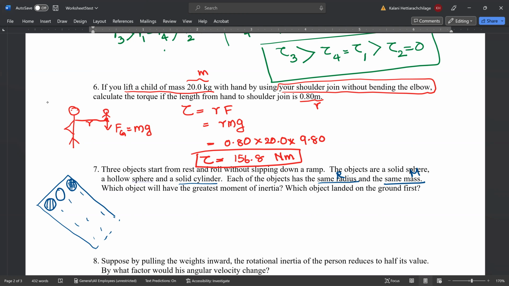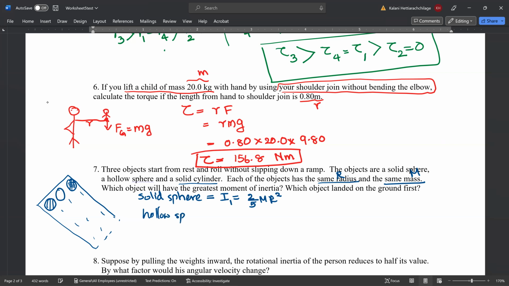So you remember that you have the table given in your lecture notes, and the moment of inertia formulas are given there. I'm going to write it here: solid sphere. I1 for the solid sphere is given as 2/5 m r squared. And the next one is the hollow sphere.